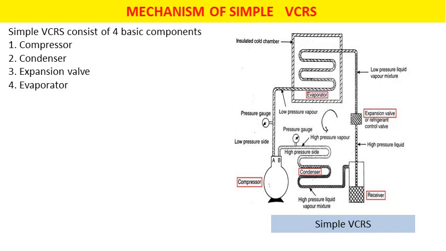Now the next component attached with the condenser is the receiver. Now what exactly does the receiver do? The condensed liquid refrigerant from the condenser is stored in a vessel known as the receiver, from where it is supplied to the evaporator through the expansion valve or refrigerant control valve.